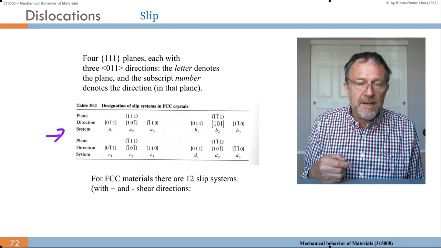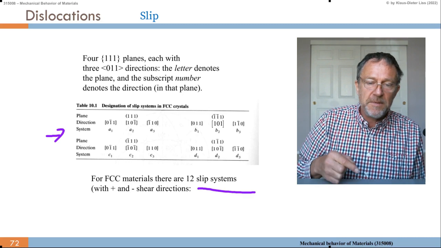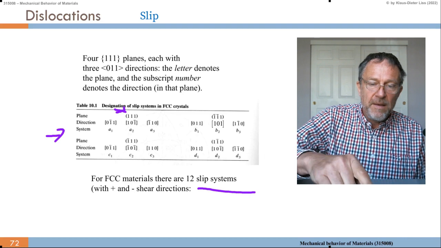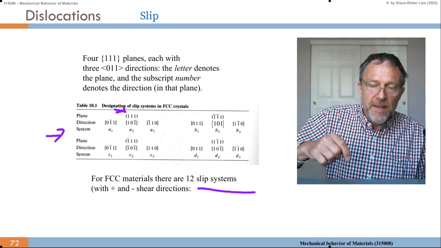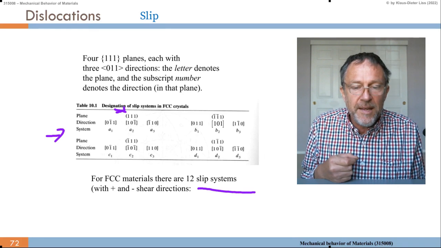And that gives us 12 possibilities. So 12 slip systems we have, like on the (1,1,1) plane here. We have the [0,-1,1], the [1,0,-1], and the [1,-1,0] directions.